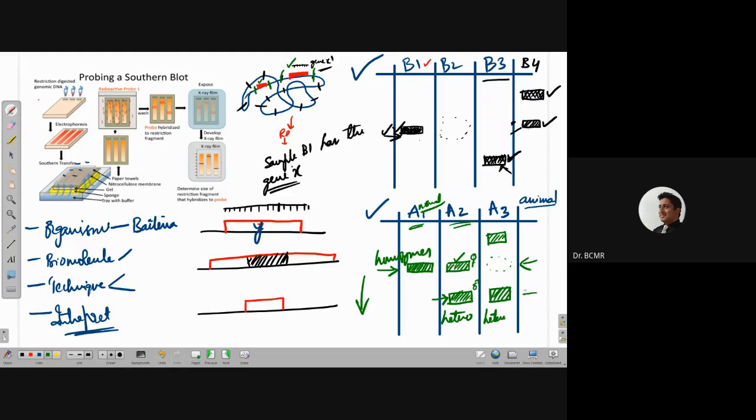One of them is similar to that of A2, which is probably a deletion. And the other one probably has an insertion. So there are three different alleles that I'm talking about. One is Y, the other one is Y1, and the other one, take it as Y2, something like that.